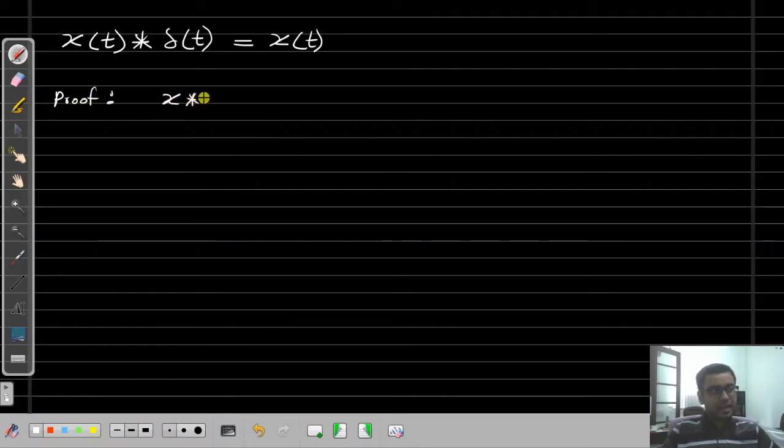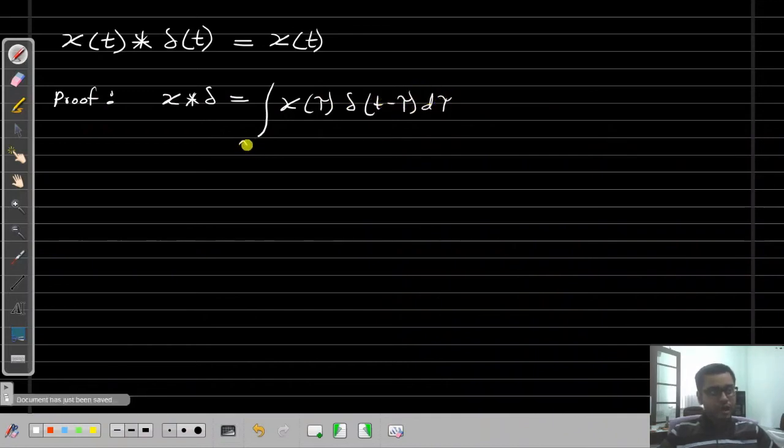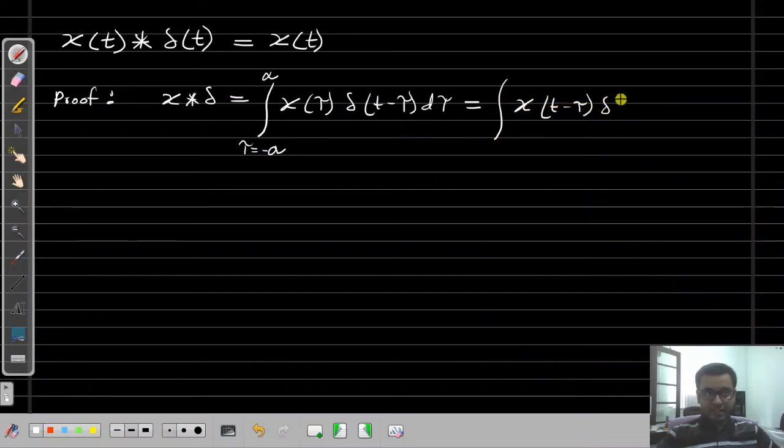X star delta is the same as the integral of x(tau) delta(t minus tau) d tau, tau running from minus infinity to infinity, and this you can also write as the integral of x(t minus tau) delta(tau) by virtue of the commutative property of convolution.